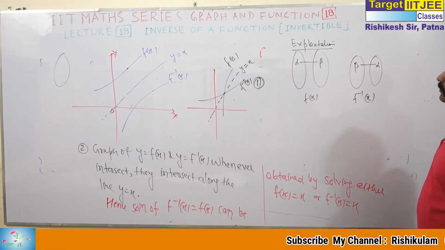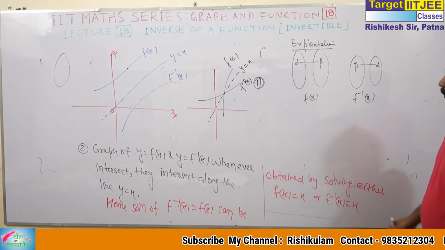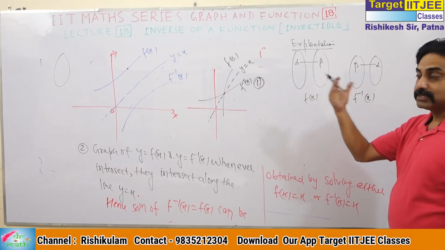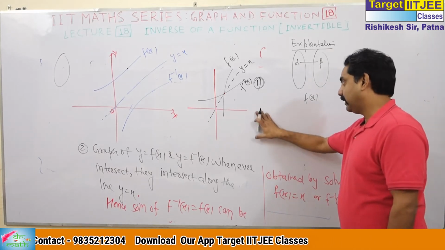This is our f(x). This is our f inverse x. This is the definition. This is (alpha, beta), (beta, alpha), just as I did in the beginning of the class.